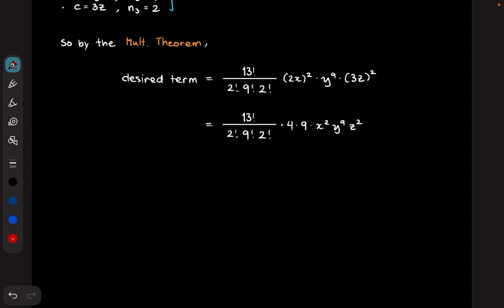Okay, so simplifying, first, note that 2 factorial is just 2. So 2 times 2 here will just be equal to 4, so we can cancel this one out. Then let's expand this a little bit. Expanding 13 factorial, we can write this as 13 times 12 times 11 times 10 times 9 times 8 factorial.